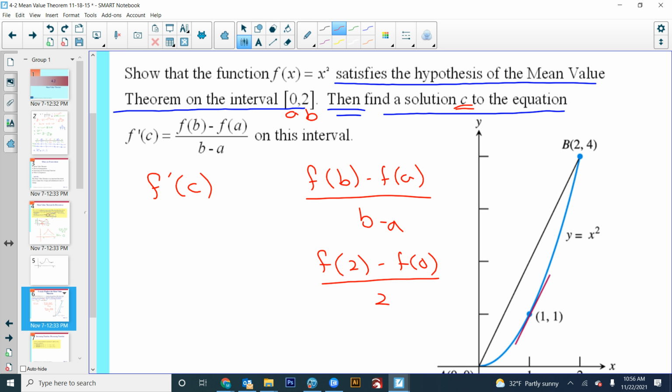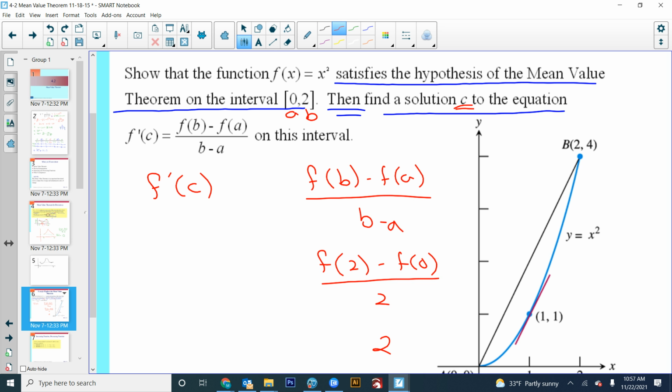Let's do that part first. What's f of 2? 4. Minus 0? 4. Over 2. 2. 2 is our what? Average rate of change. Slope. Slope of 2. Connecting A, f of A, and B, f of B.